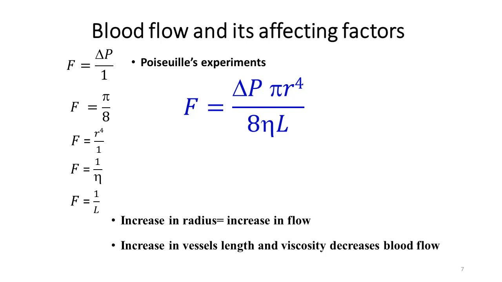So this is another important factor. And the other important factor is changing the radius. Changing the radius is very simple, and we can achieve it. How? By activating the sympathetic nervous system, we can reduce and increase flow.